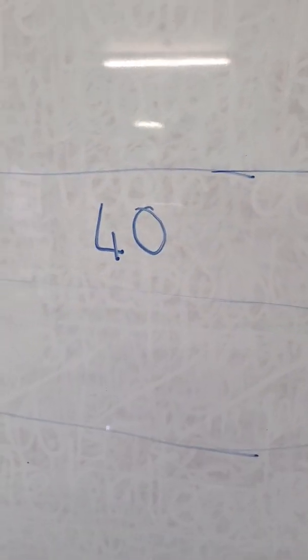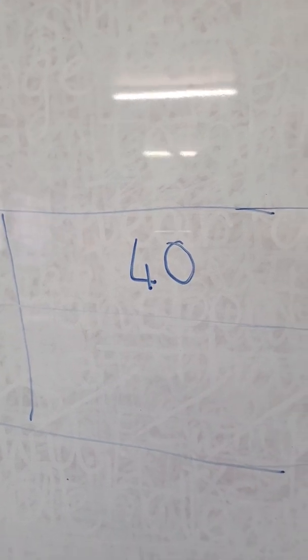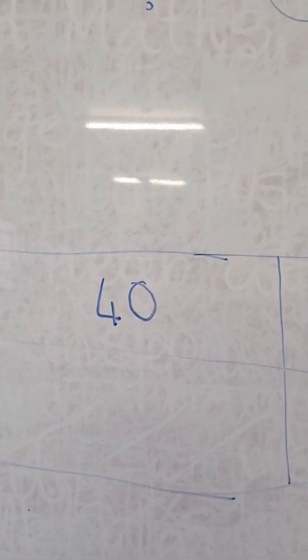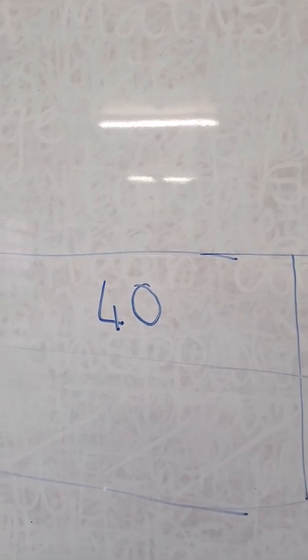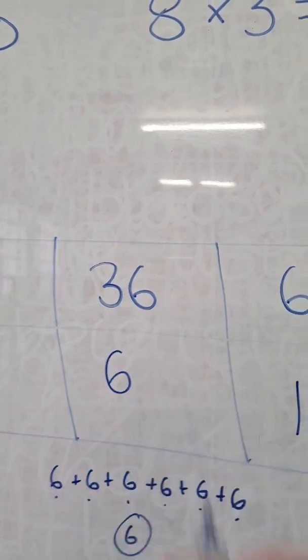Now, this is where it gets a little bit difficult. When we say 40 divided by 6, we've got to think what the closest number to 40 is that is in the 6 times table. So we just did this one just now, which was 6 times 6 is 36.